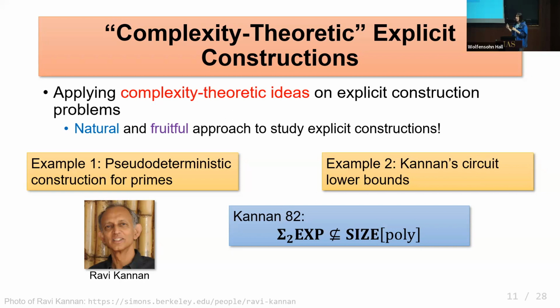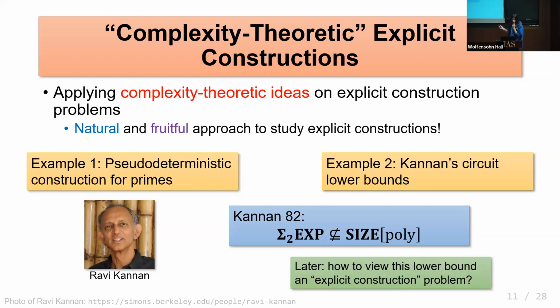But if you want to scale it to a circuit lower bound for exponential time, then it's something like sigma 2 EXP is not in polynomial size circuits. In the second talk, I will elaborate on how to view this lower bound as explicit construction problems. But for now, let's just think this is an explicit construction problem.